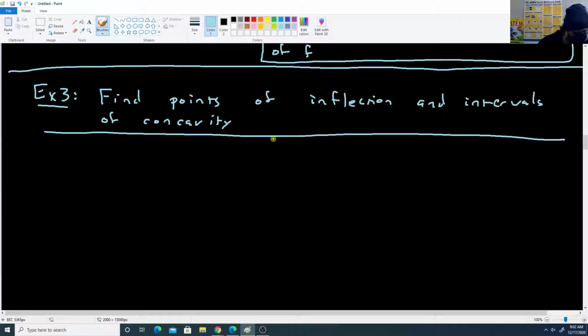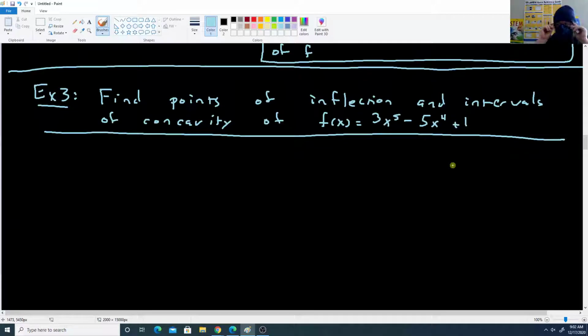Okay, so we should say what the function is we're looking at. We're looking at the function f of x equals 3x to the 5th minus 5x to the fourth plus 1.